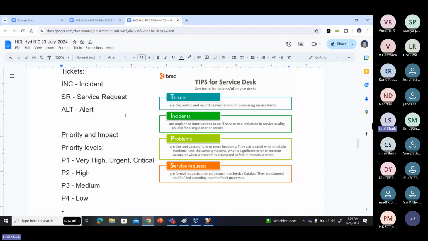What is a service request? A formal request ordered through the service catalog. These are planned and fulfilled according to a predefined process. For example, I ask my organization, I want a VPN connection, and they don't give it to me. Why? Because I'm a trainer. I do the training online, direct internet only. I can give online training or offline training.